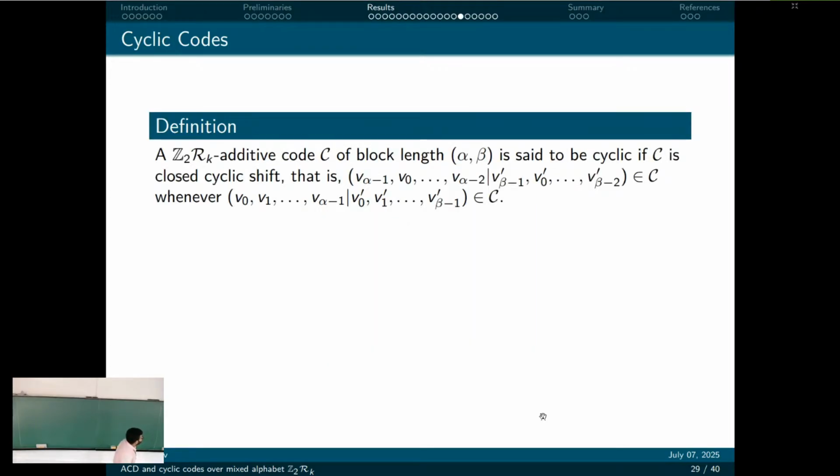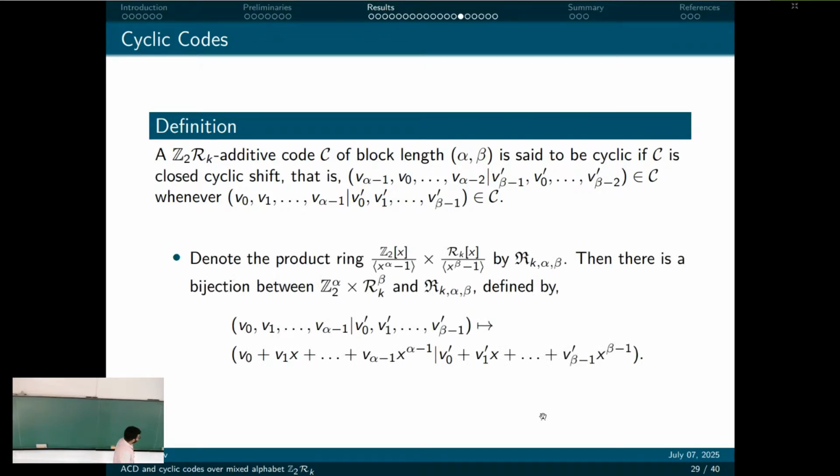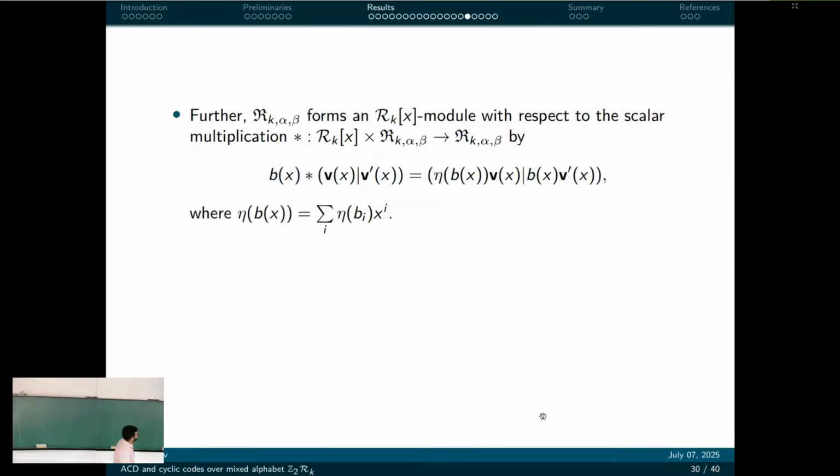Now we will see the notion of cyclic codes in Z2Rk. A Z2Rk additive code C of block length alpha beta is said to be cyclic if C is closed under cyclic shift, that is, cyclic shift in each block, and we denote this ring in Z2[x] by x raised to alpha minus 1 times Rk[x] by x raised to beta minus 1 by Rk alpha beta, and there is a one-to-one correspondence between this Z2 alpha and Rk beta and Rk alpha beta, which is given like this.